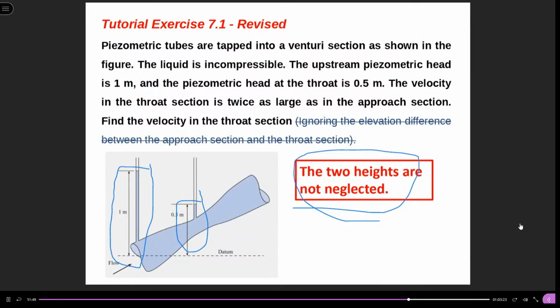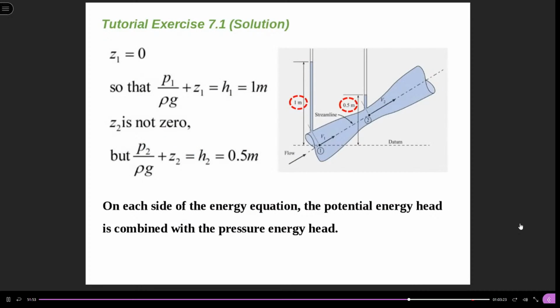Please note, take point 1, the approach section, as the reference point.